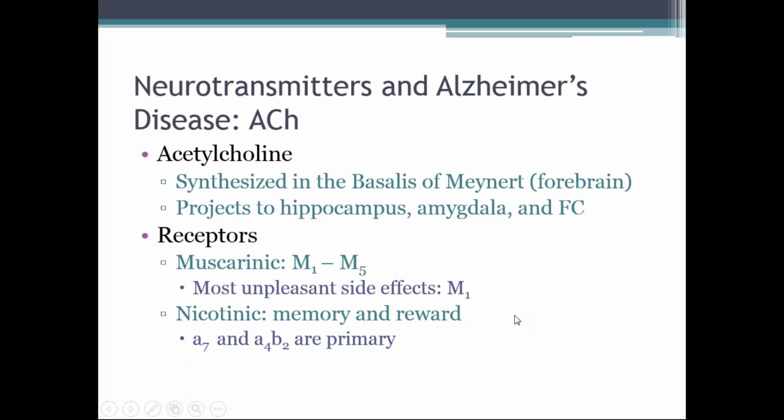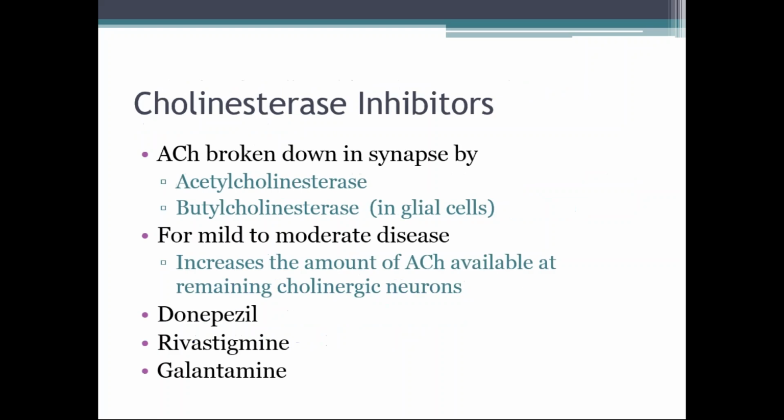Those muscarinic receptors, we mentioned, have a lot of activity with more basic physiological functions like your gut, GI, GU. That will come into play when we talk about manipulating acetylcholine and some of the side effects. Cholinesterase inhibitors: anytime you see an -ase, that means it's an enzyme.